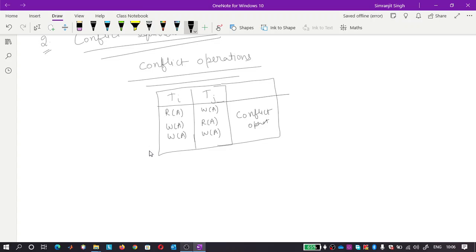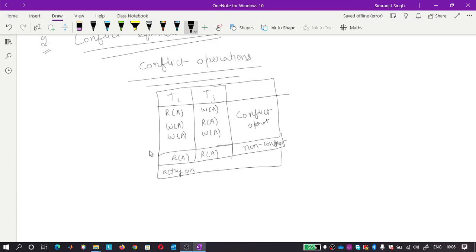Okay, so a non-conflict operation can be when you are reading the value of A and another one is also reading the value of A. So this is not a conflict operation. No problem will be faced here. That is why it is referred to as a non-conflict operation. Keep that in mind. Another case is if they are acting on different data items, that will always be a non-conflict operation.